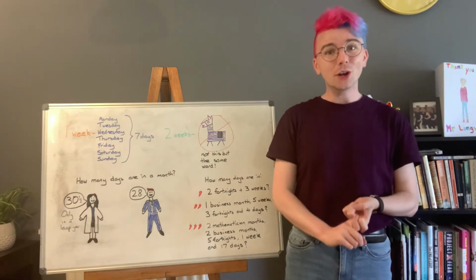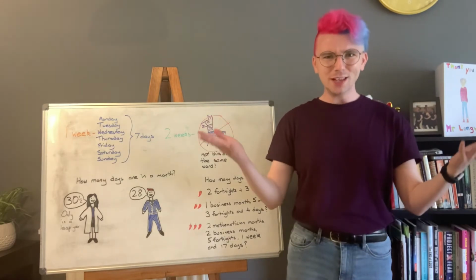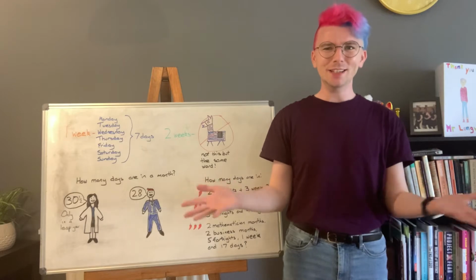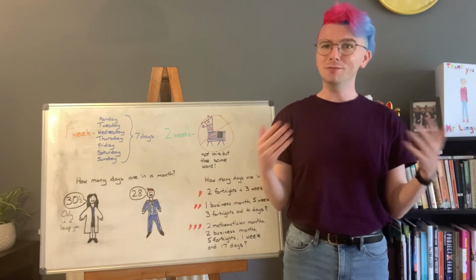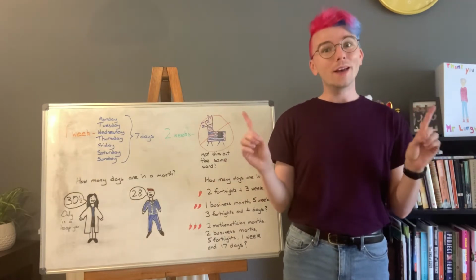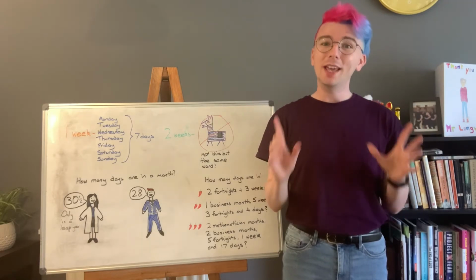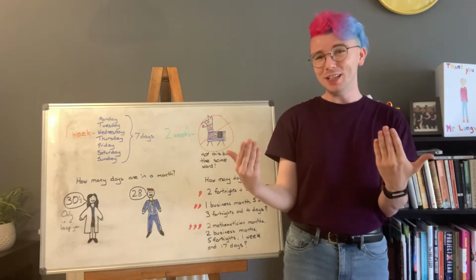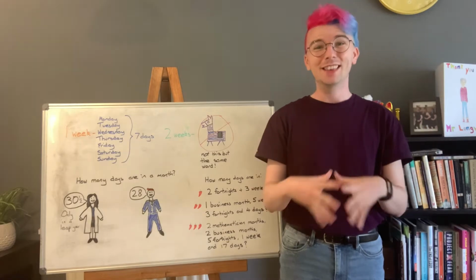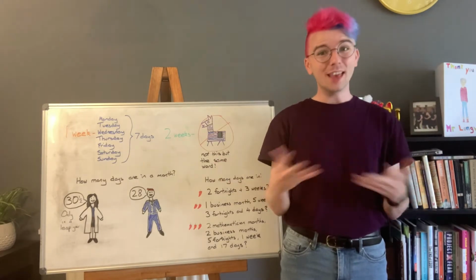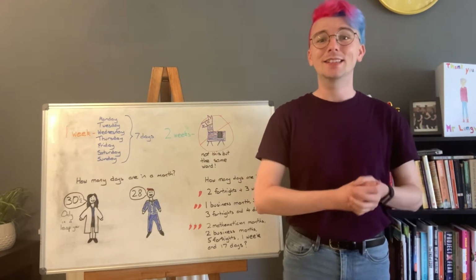Now let's talk about our business person. Why have they said 28 days? 28 is much lower than how many days are in most months. Well, if I told you it's because 4 weeks is much easier to work with in business than it is to say calendar months, that's why. 28 days is exactly 4 weeks.